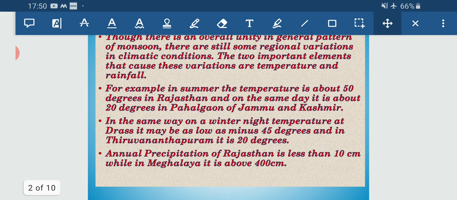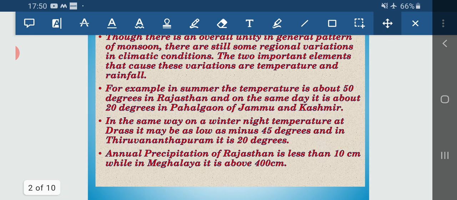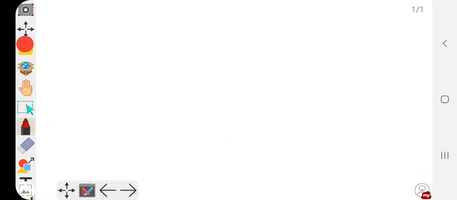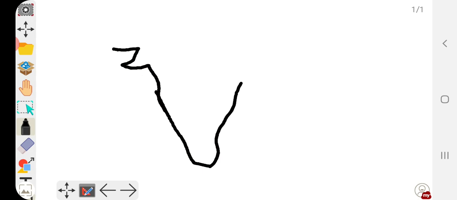Now before going to the detailed part of this writing, I just want to draw a map. I'm just drawing the southern part of our country, and then only the southern part of our country is there, and the top we will get is just as if it's there in the northern part.